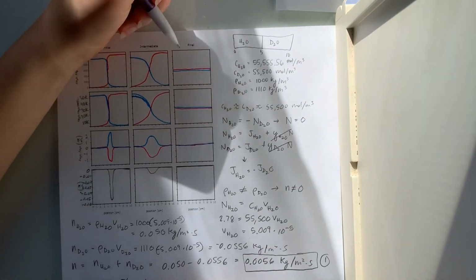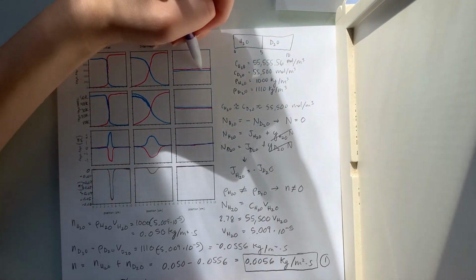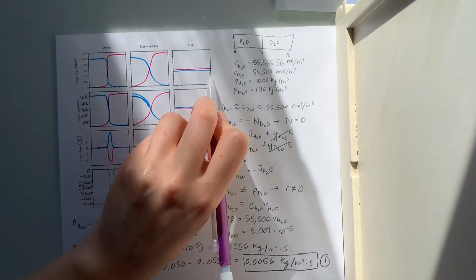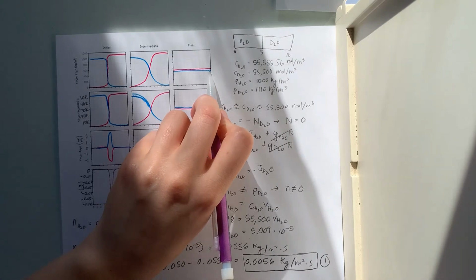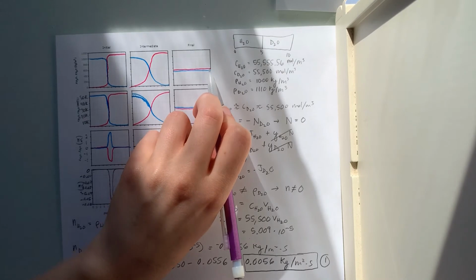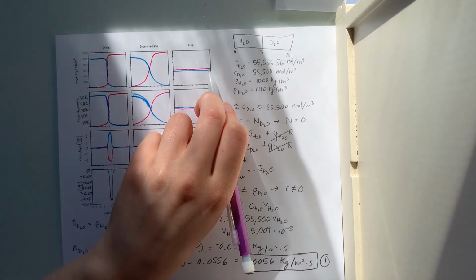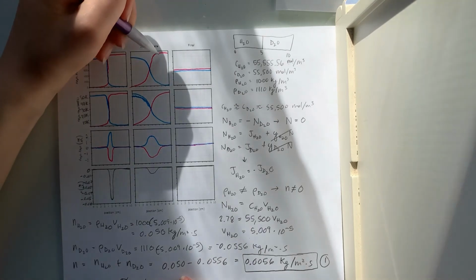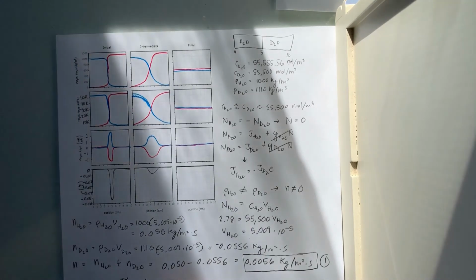When the liquids have fully diffused, their concentration will be uniform across the tube. So for water, this will be around 500 kilograms per cubic meter, and for D2O, because it's slightly more dense, it'll be a little bit higher than that. And then while it's diffusing, the graphs will be somewhere in between here.